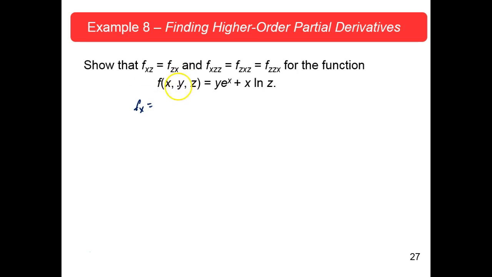And what would it be? y e to the x. The reason for that, if you're taking a partial with respect to x, you hold the y like it's a constant.